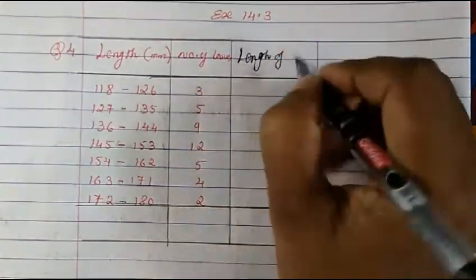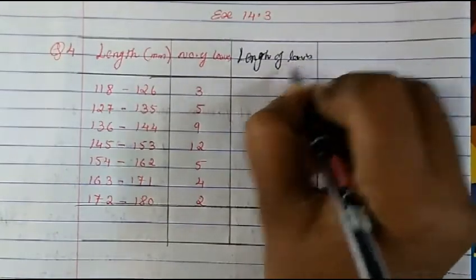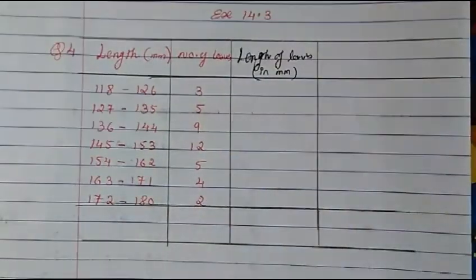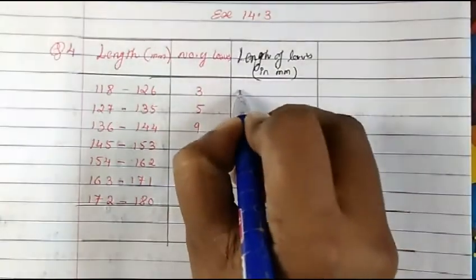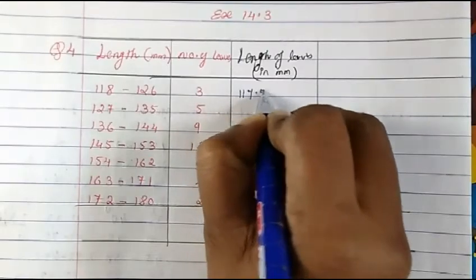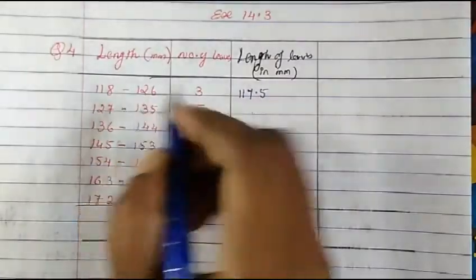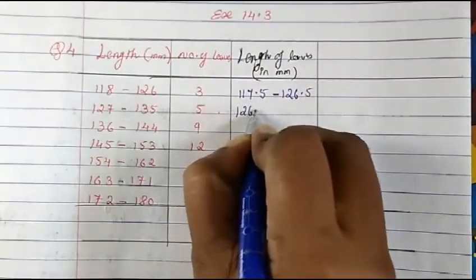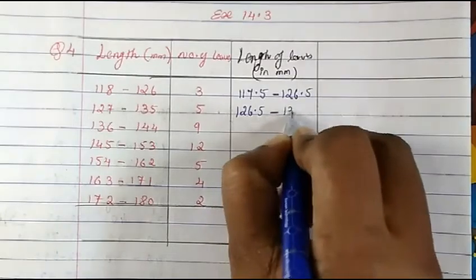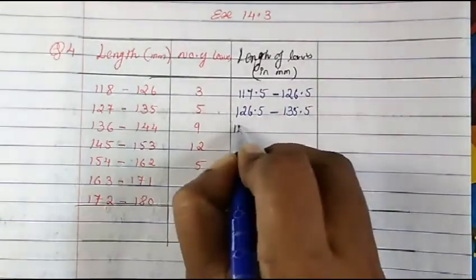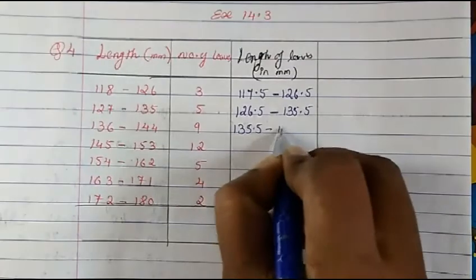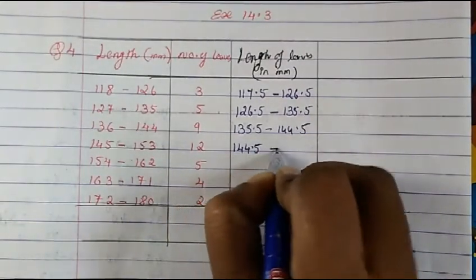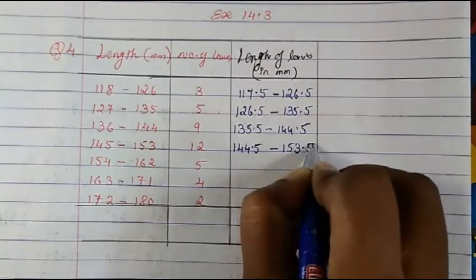Length of the leaves in millimeter. So this will be 117.5 because 0.5 is subtracted, here we add, then 126.5, then 126.5 to 135.5, then 135.5 to 144.5, then 144.5 to 153.5.